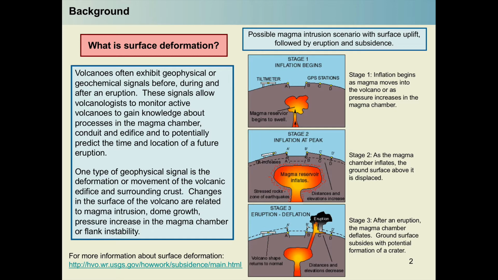So in stage one here in this cartoon, you have some tilt meters, you have GPS stations, magma in the reservoir fills up, the reservoir begins to swell, the crust around it is, well, we assume it's elastic, kind of like the balloon analogy, and inflation begins. So at stage two, the surface of the volcano is going to be displaced.